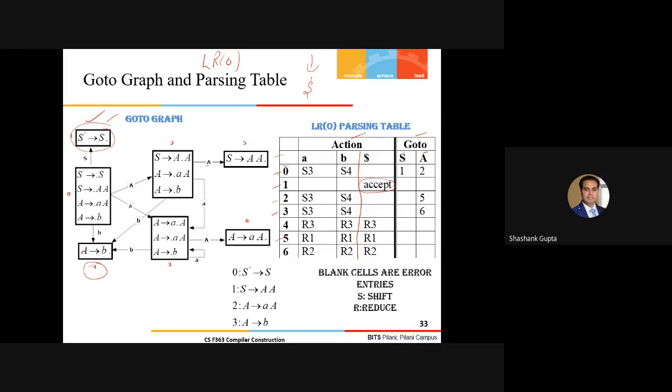Whenever I see that my top of the stack includes this configuration, that is B, I should immediately reduce this with A here. That means we have written here that with respect to state 4, corresponding to A, B, and dollar, I'll always reduce by rule number 3. That's why we have numbered these rules. So reduce by rule number 3, that is A deriving B here.